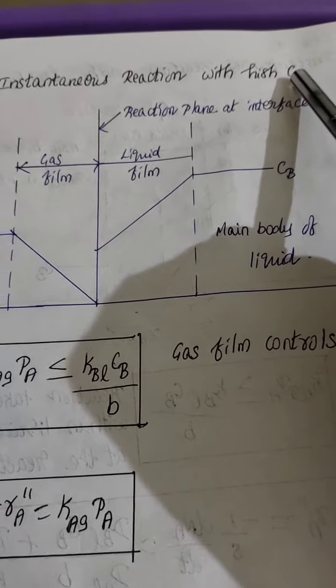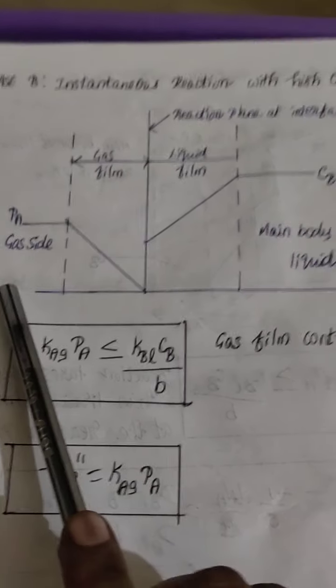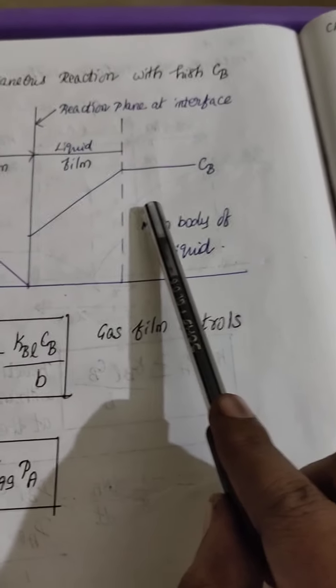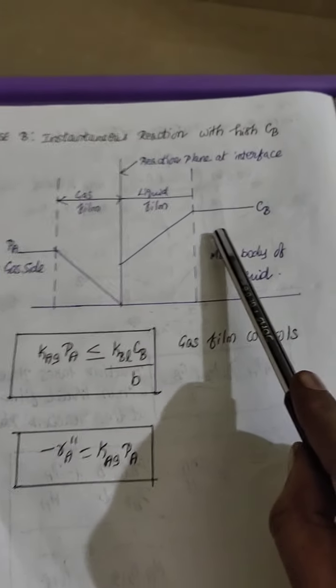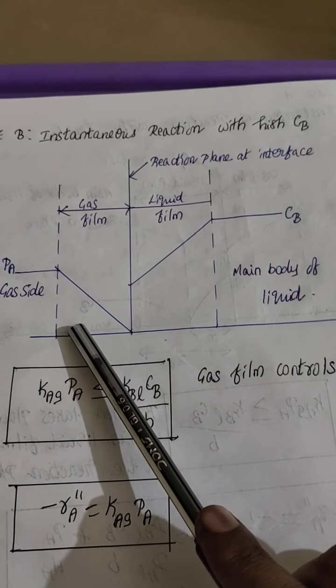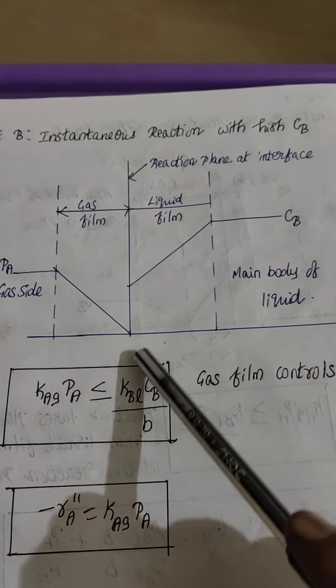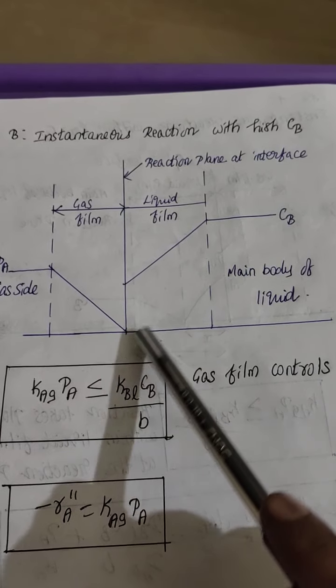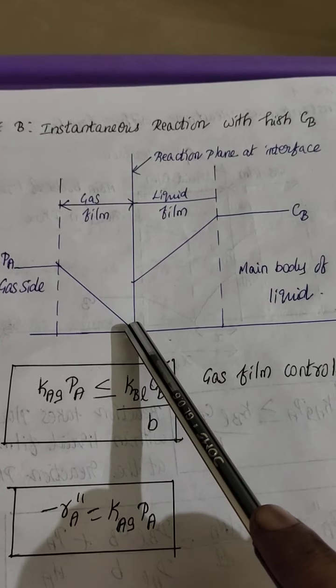And here this is going to be high Cb. So you can see here Pa is lower and Cb is higher in the profile diagram. So what is happening here is all the reaction is taking place in the reaction plane itself at the interface.